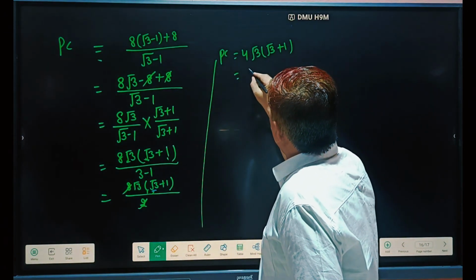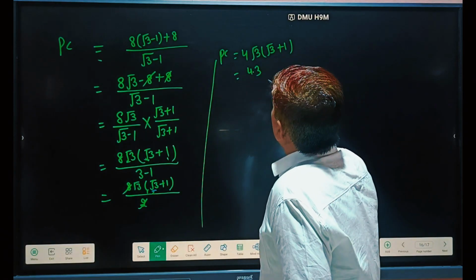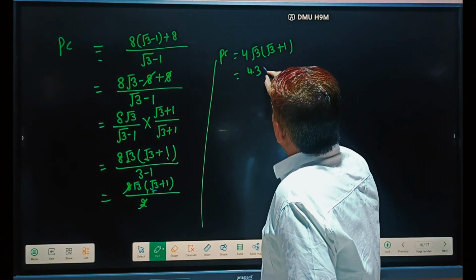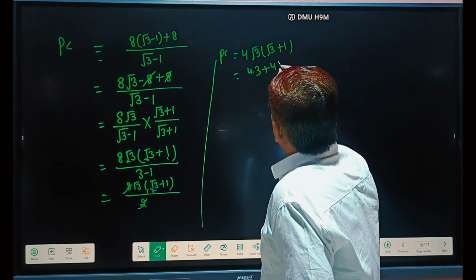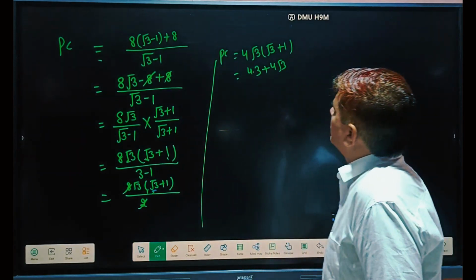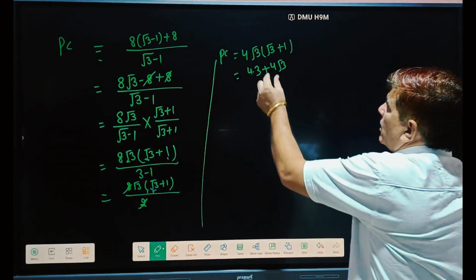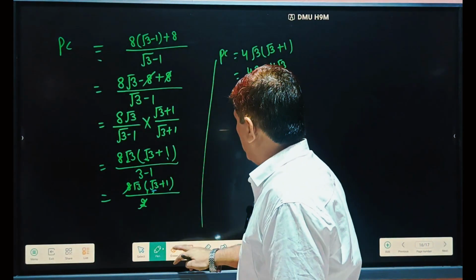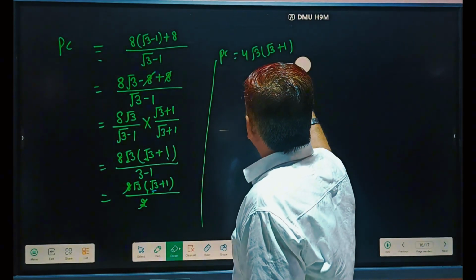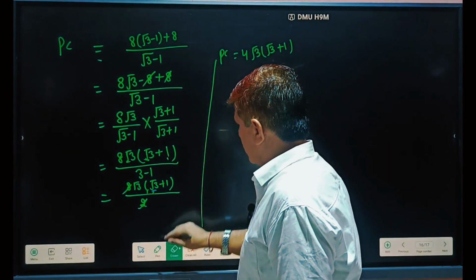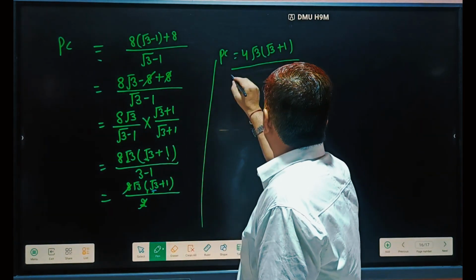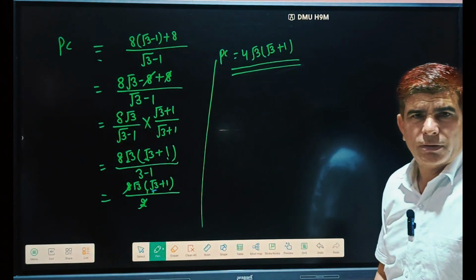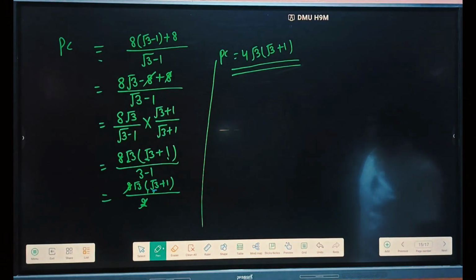Understood? This we can write as 4 into 3 plus 4 under root 3. It's better you leave it here like this. So the height of the multi-storied building is this. Then which thing do you have to tell?